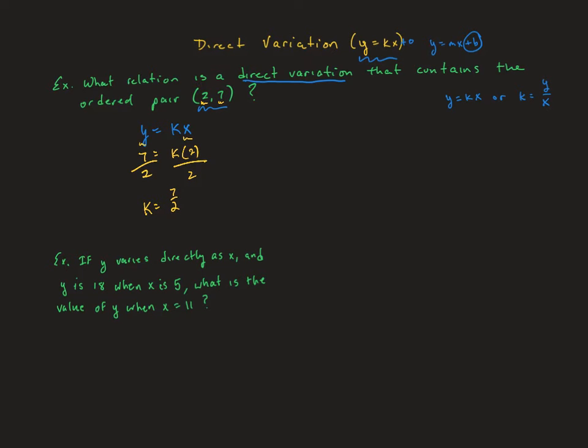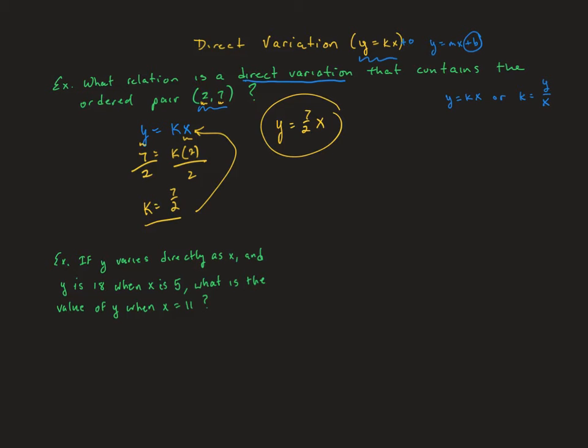So now the relationship that contains that ordered pair, well, I'm going to replace k back into my original direct variation. So y is going to be equal to 7 halves x, and that should be my direct variation. All right, so that's what they were asking for.